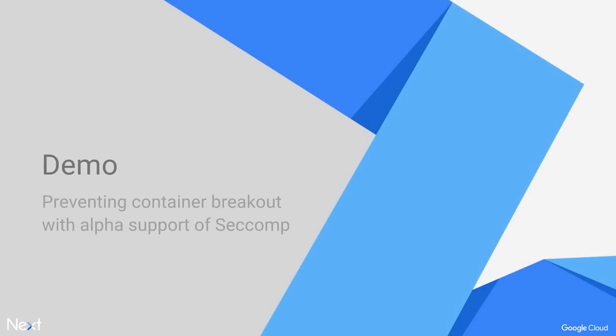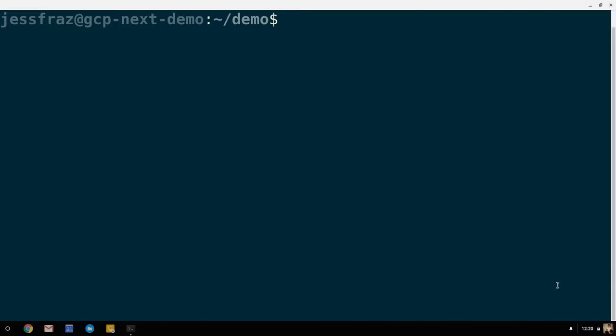So now we're going to do a demo and switch to the other computer. Cool. OK, so this will be fun. I have a GKE cluster that I spun up that's running in alpha mode so that we can use Seccomp. You could do the same if you want.